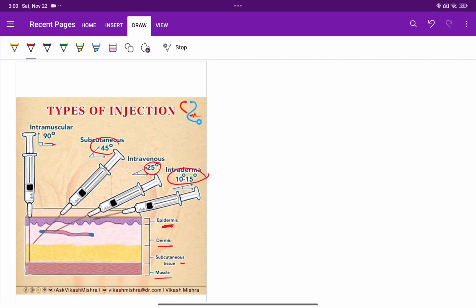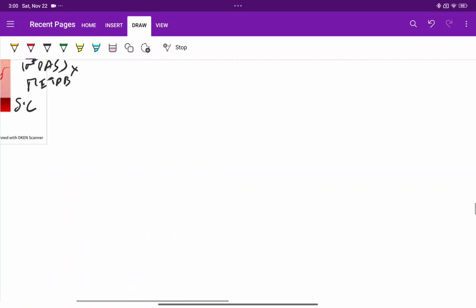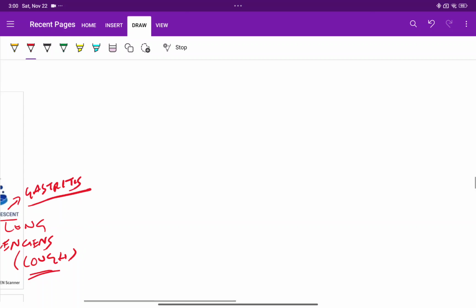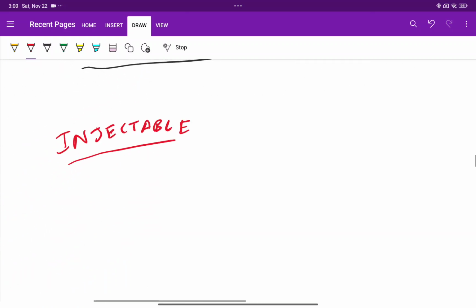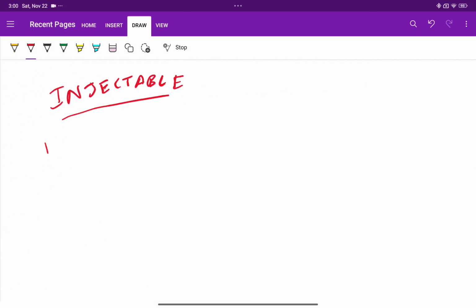I will repeat, intramuscular injection is given at a perpendicular 90 degree, subcutaneous is given at 45 degree to reach the subcutaneous tissue, intravenous is given at 25 degree, and intradermal is given at 10 to 15 degree.